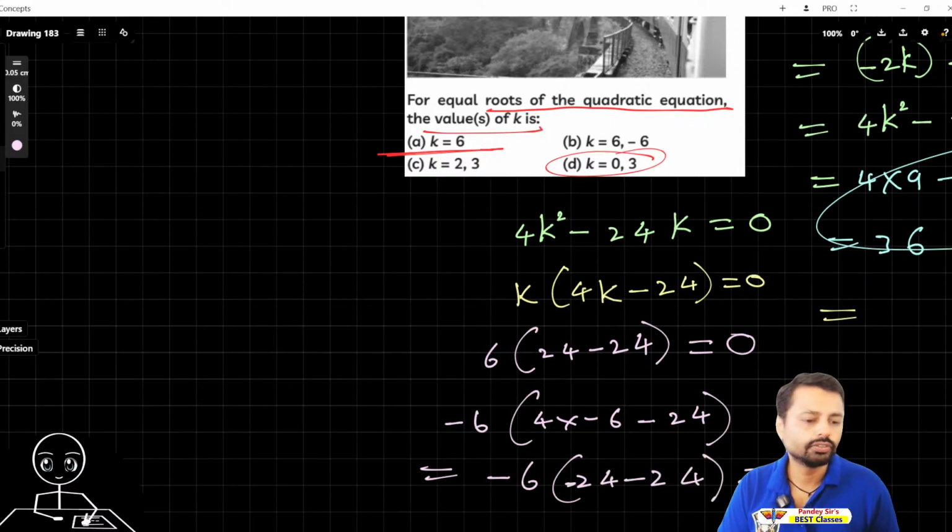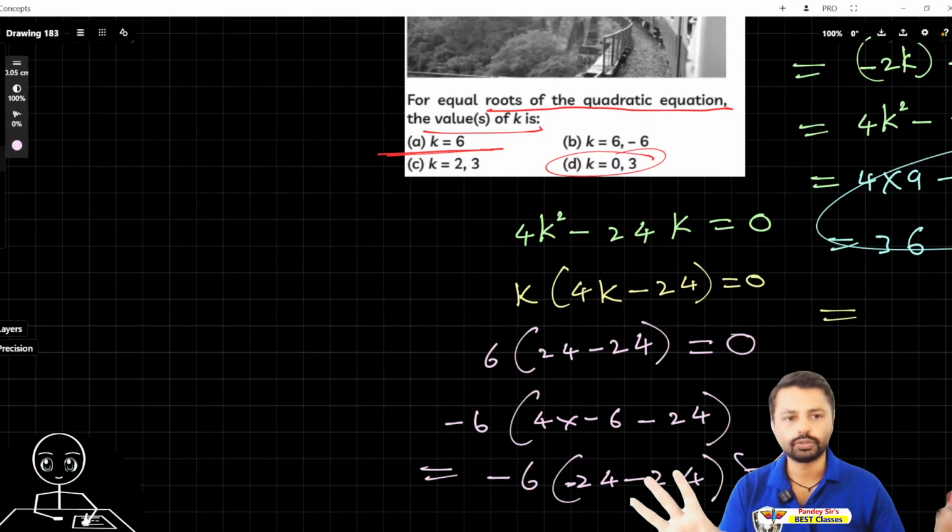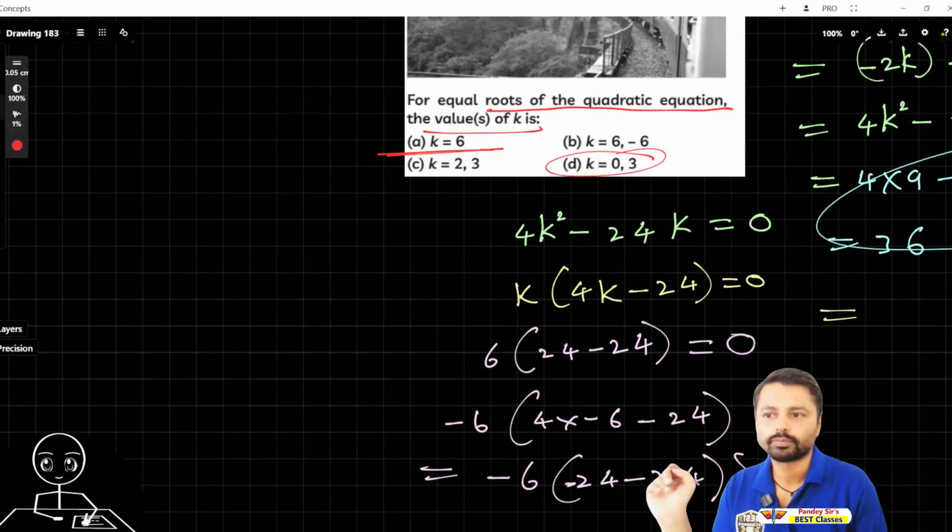So it is not 0, and therefore there are no real and equal roots. So the correct answer is A.